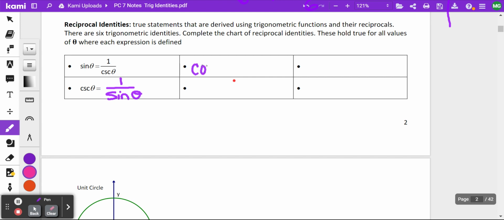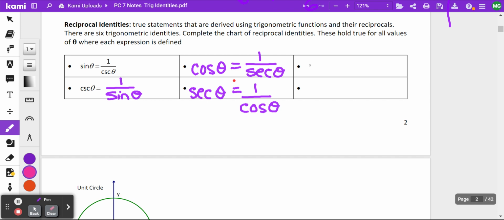So the cosine of theta is equal to 1 over the secant of theta. That's an identity. That's true for all values of theta. So it's also true that the secant of theta is equal to 1 over the cosine of theta. And this should be old news. We already know these.